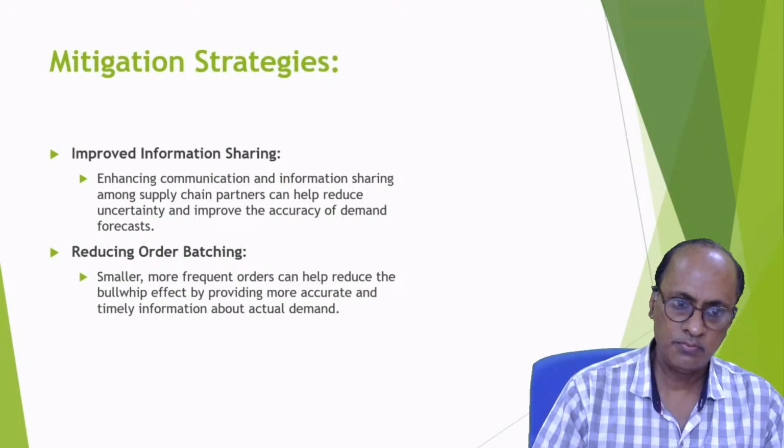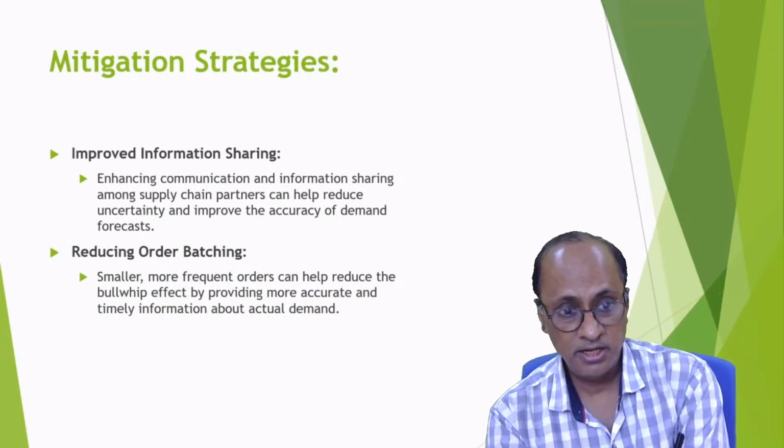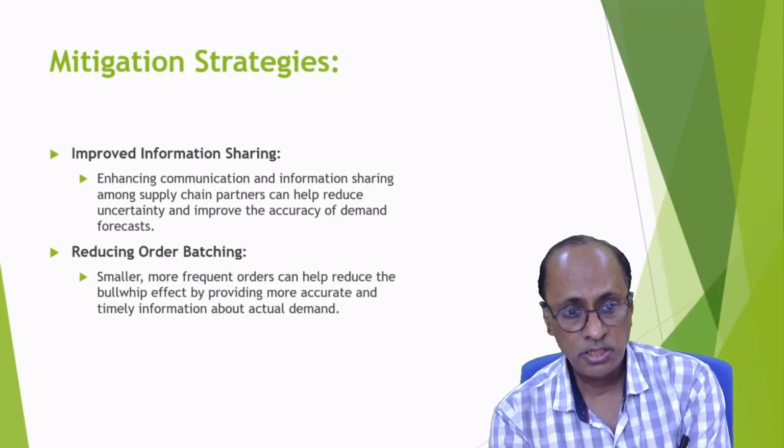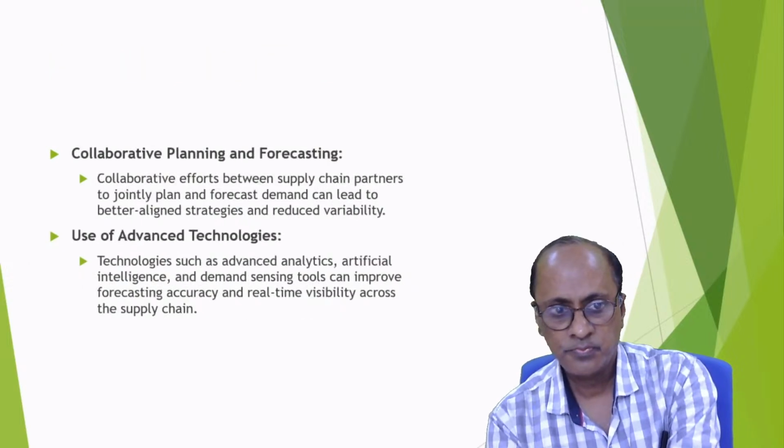Reducing order batching: smaller, more frequent orders can help to reduce the bullwhip effect by providing more accurate and timely information about the actual data. So, improved information sharing and reducing order batching can help to mitigate the effect.